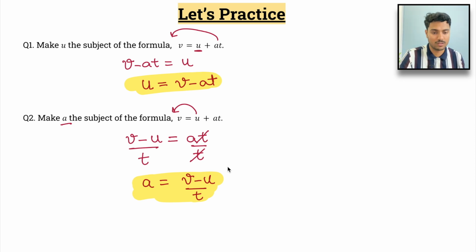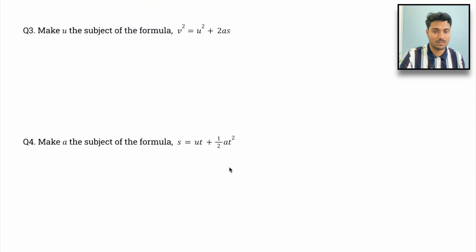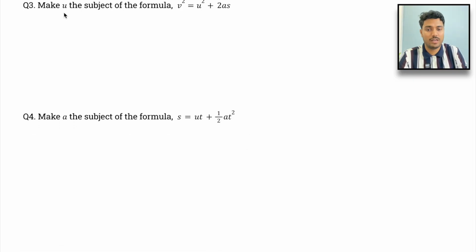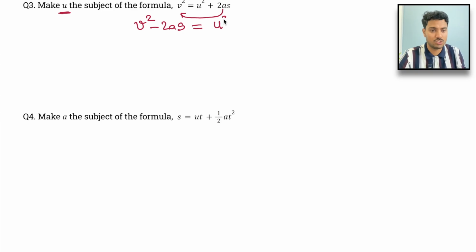Let's check the other one. Question 3. It says make u the subject of the formula v square equals u square plus 2as. We have to make u the subject of the formula, so we can write v square and we can transpose 2as to the other side. So v square minus 2as is equal to u square.